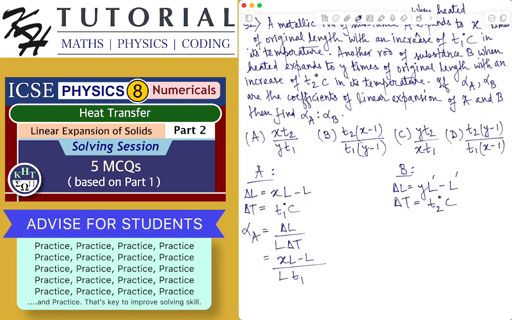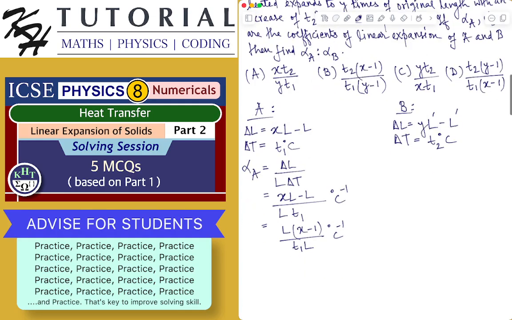So this much per degree Celsius. If I take L common from the numerator, I have L into (x minus 1) divided by T1 L per degree Celsius, and L cancels out, and this becomes (x minus 1) divided by T1, this much per degree Celsius.